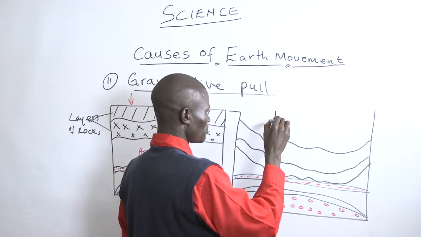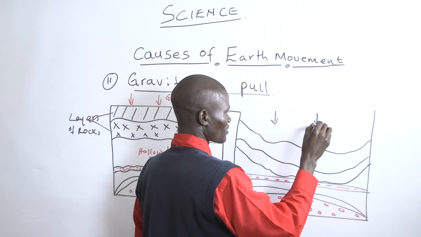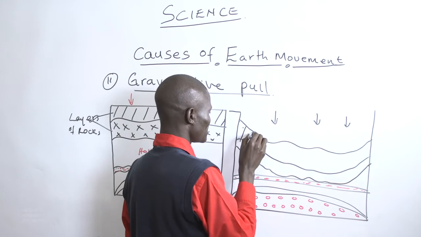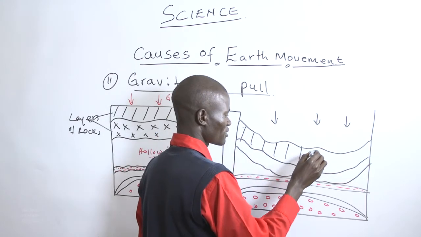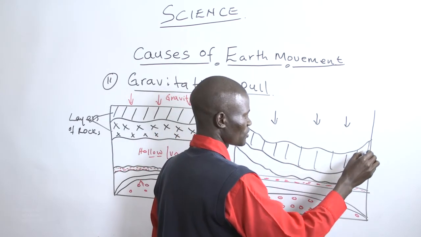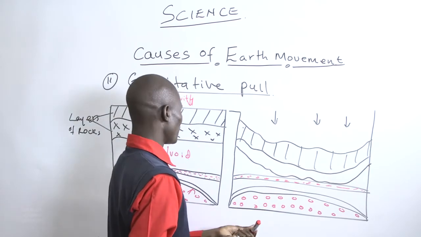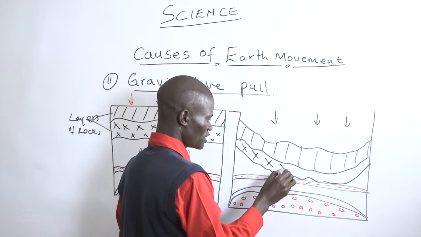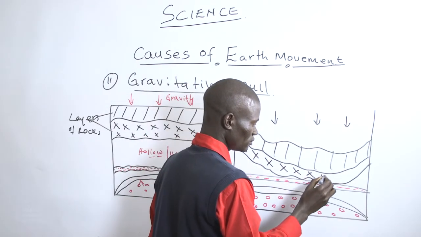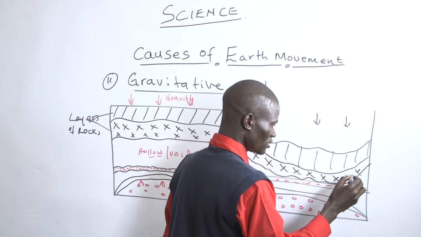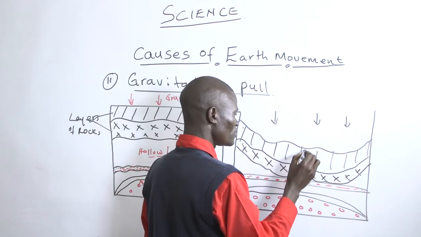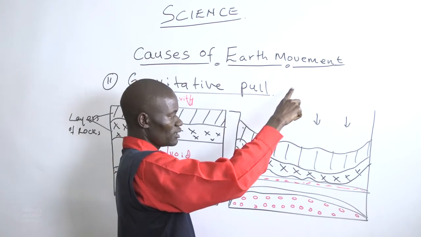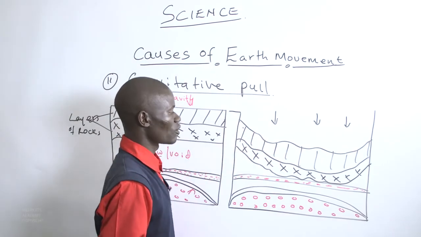In the process, there is a movement that has been caused. Therefore, this layer of the crustal rocks of the earth has developed a curvature. That means they have moved down, and this is still a vertical movement of the earth.